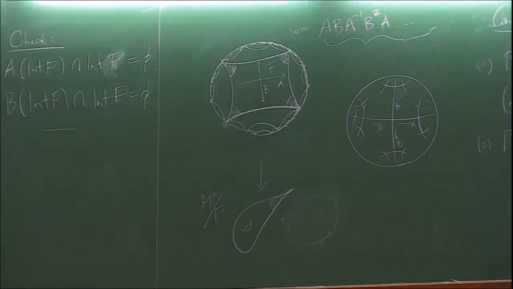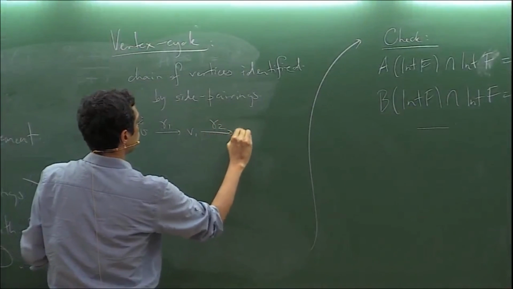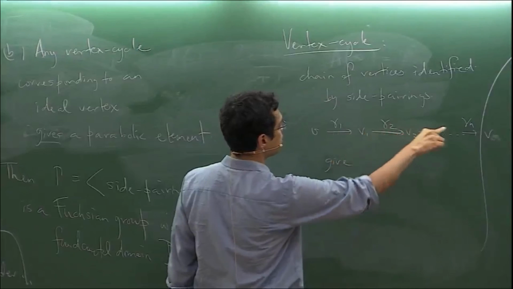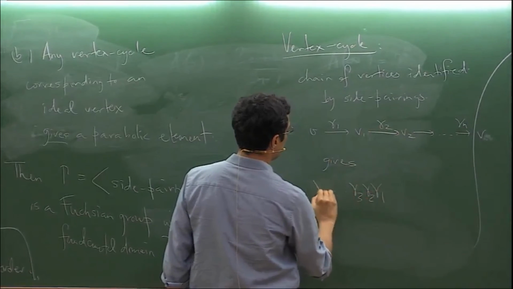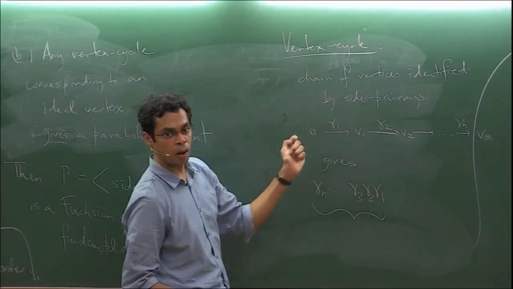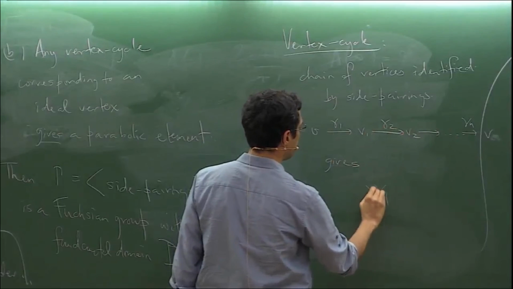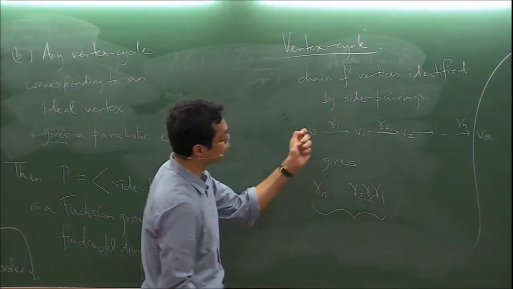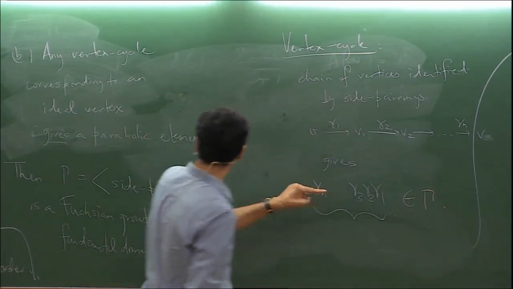So you have a chain of side pairings, gamma 1, gamma 2, and so on, and a chain of vertices, and eventually you want to end in V. That's what a vertex cycle is. When I say it gives a parabolic element or the identity element, I mean this composition: the element gamma 1, gamma 2, up to gamma n. That's an element of the group gamma, a composition of these side pairings.